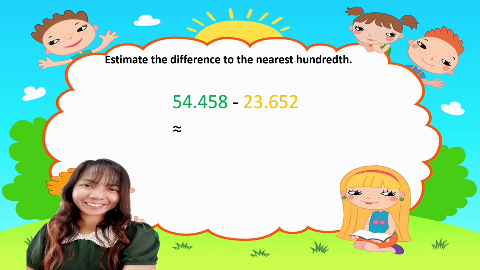Another example, estimate the difference to the nearest hundredth. So we have the number 54.458 minus 23.652. The hundredths place in this number here is 5.